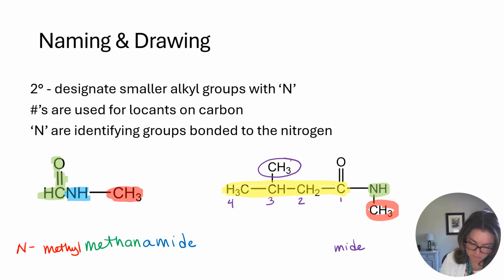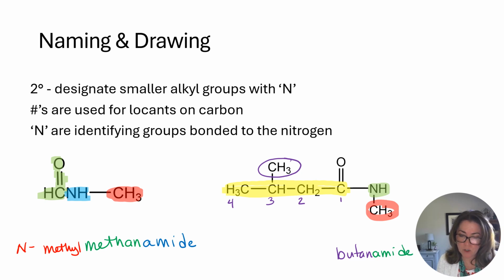Actually, I'm going to give myself a little bit more space here. Butan is my parent. Change the ending to amide, so butanamide. Now, I have 2 methyl groups here. One is bonded to the nitrogen, one is bonded to my parent chain.